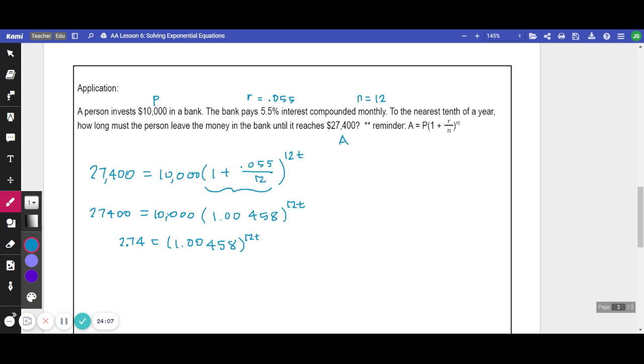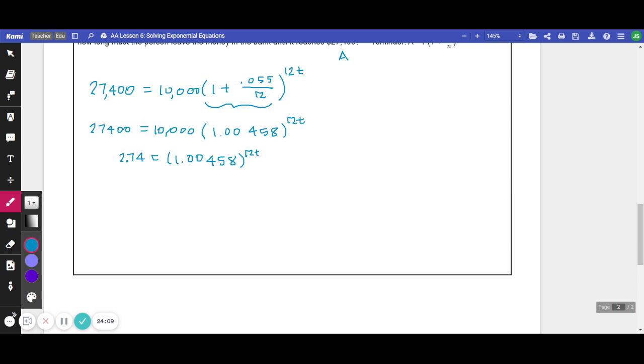So step 1 is to isolate that. Step 2 is to change it to a log. The numbers are gross. That is completely okay. You have your calculator. They're not pretty in real life. So there's the base. Logs equal exponents. So the 12t goes on the other side of the equal sign, which leaves the 2.74 here.